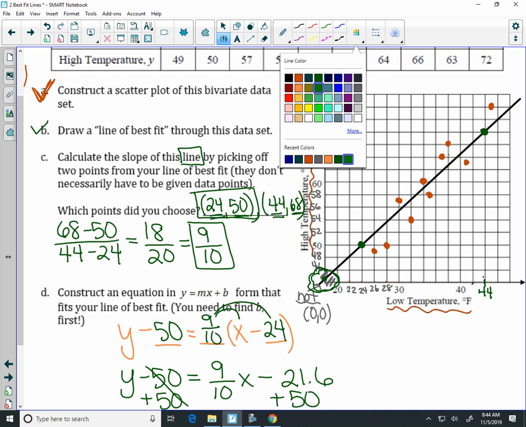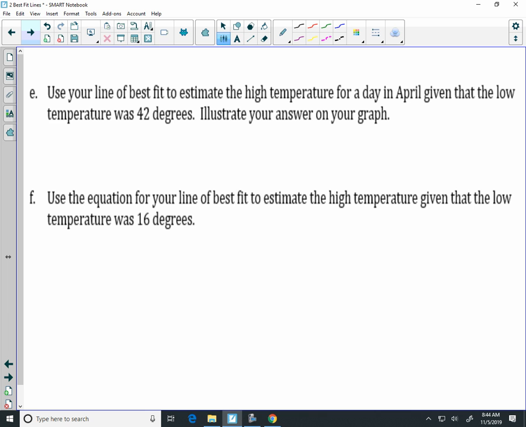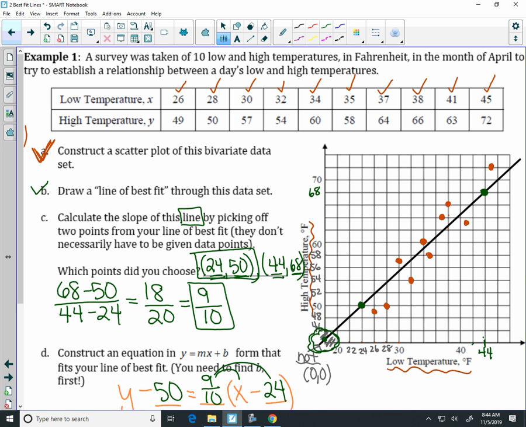So here, our first question was low temperature of 42 degrees. If we go back to our graph and look at 42, we don't have any data points on 42. But we're going to go up and use our line. It's just above this line right here.